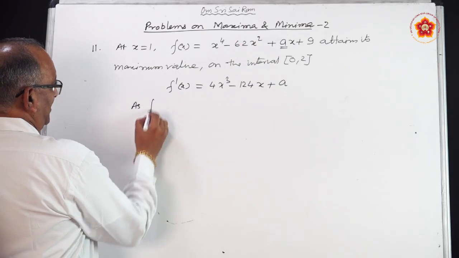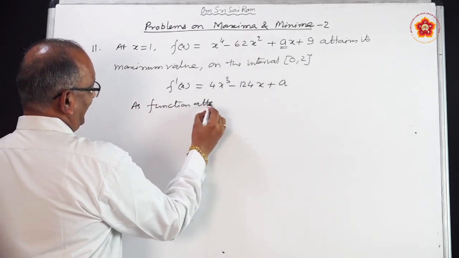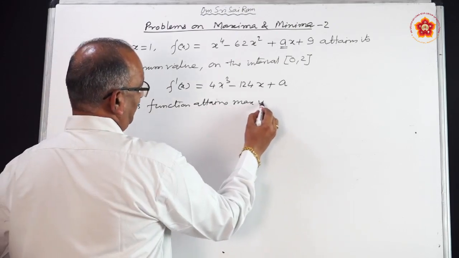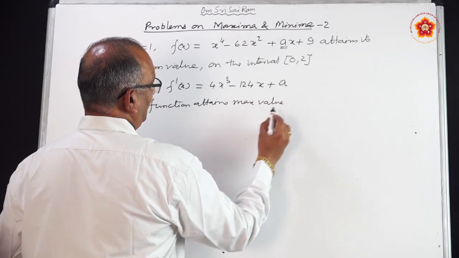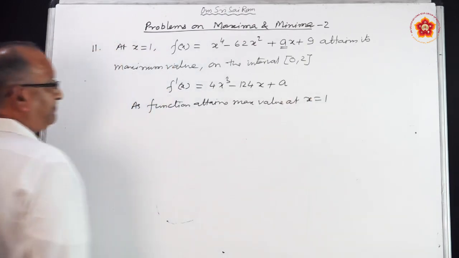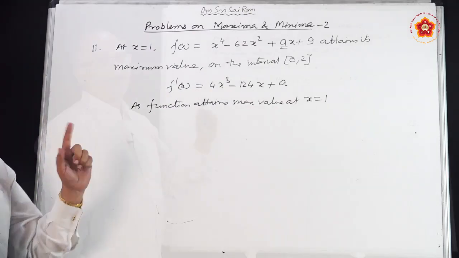As the function attains maximum value at x equal to 1, we need to find out a.